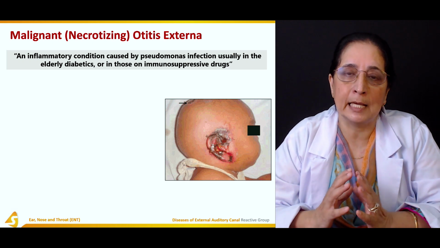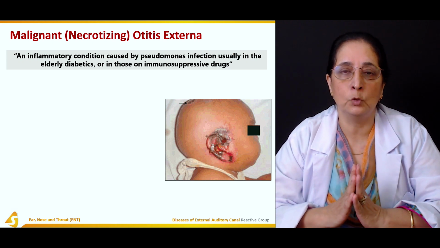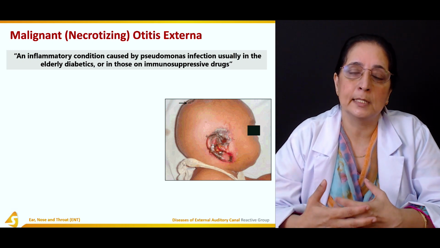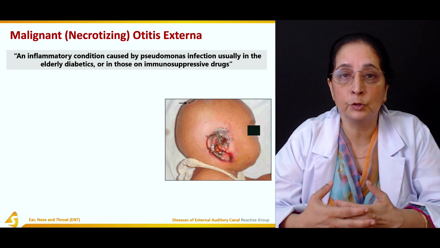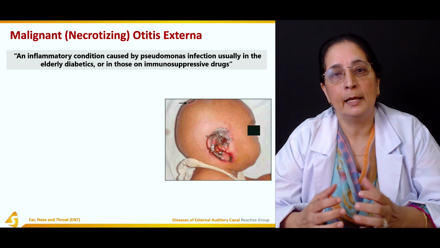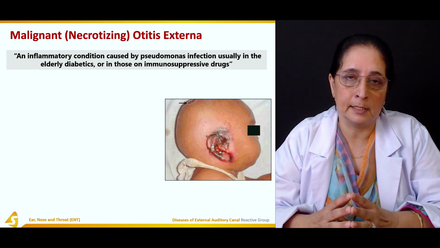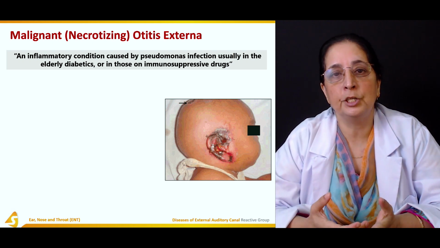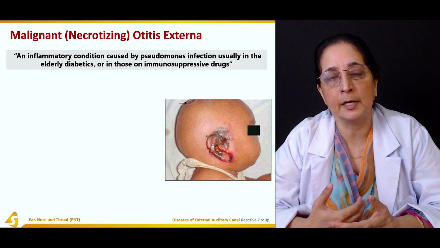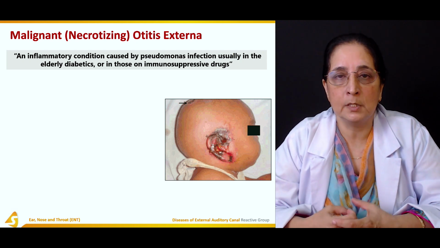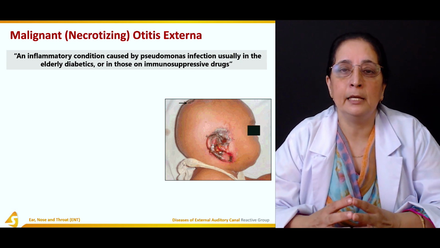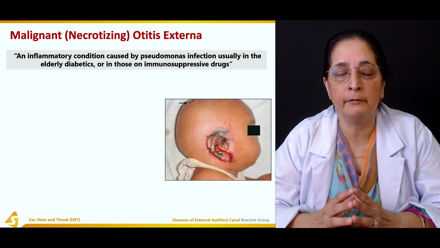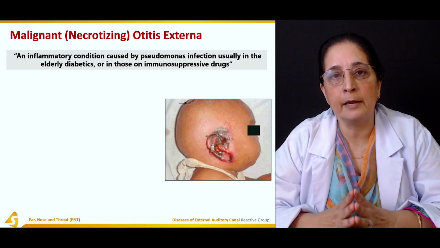Elderly diabetics have a weak immune system too, and in diabetics, once infections are present, they are hard to treat, and the cure is very difficult. Same with immunocompromised patients or patients who are on immunosuppressive drugs.